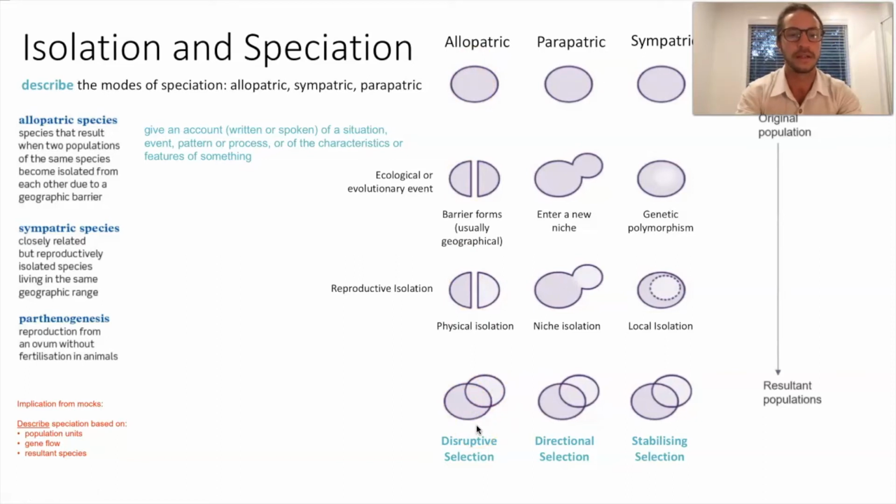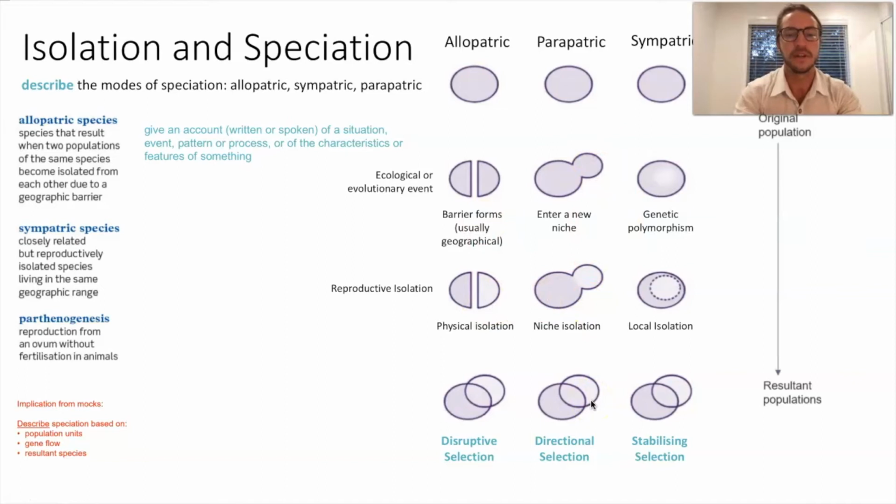We can talk about gene flow, whether there is still the opportunity for gene flow to occur as they could be here and as they could be here, but definitely not here where there is a physical barrier stopping them. And then we can talk about the resultant species as a result of these processes occurring.